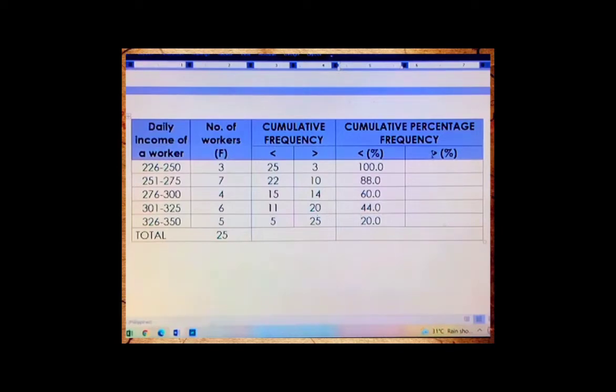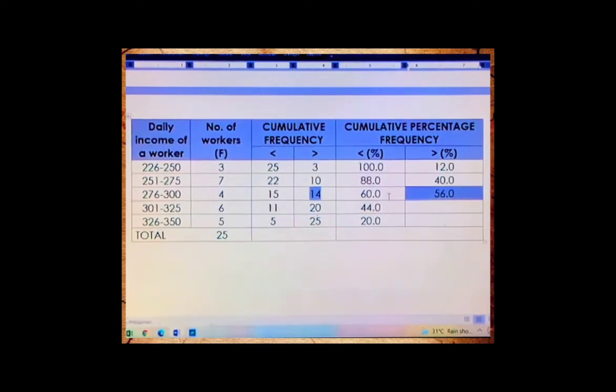So now we are going to solve the cumulative percentage frequency greater than. We have 3, 10, 14, 20, 25, and we divide each of them by 25. So 3 divided by 25 times 100% is equal to 12%. 10 divided by 25 times 100% is equal to 40%. 14 divided by 25 times 100% is equal to 56%.